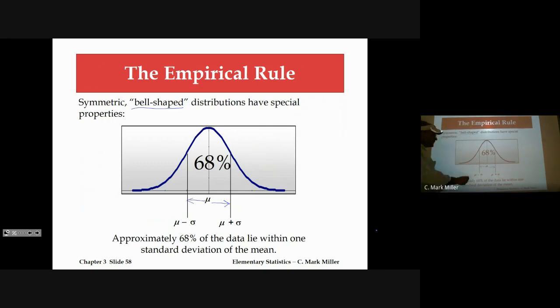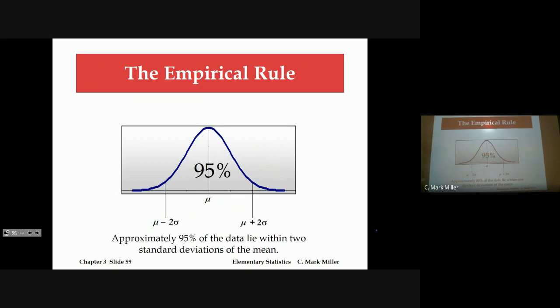you will trap about 68% of the data between those two values. Right? So in a symmetric mound-shaped distribution, around 68% of the data lie within one standard deviation of the mean.